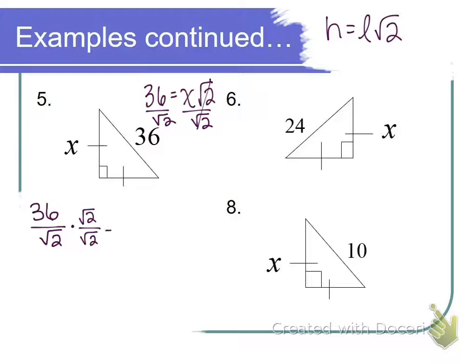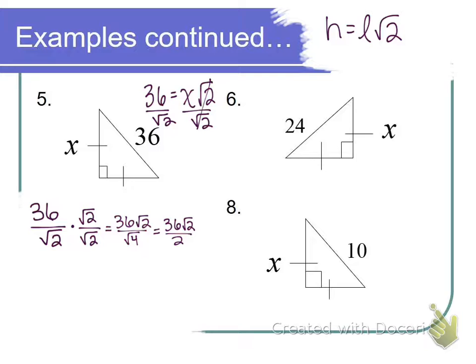So now we would have 36 radical 2 over, what is radical 2 times radical 2? Radical 4. Okay, and radical 4 is really just equal to 2. Now here's where it gets tricky for some people.